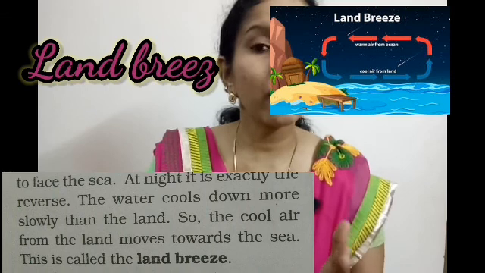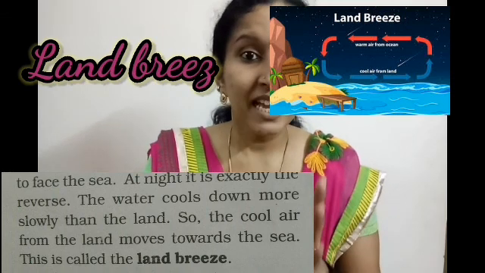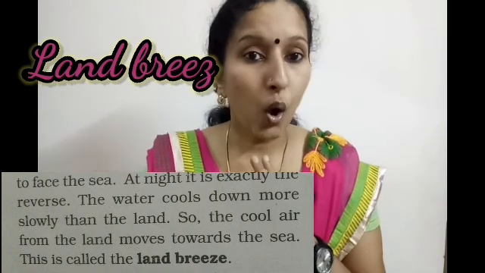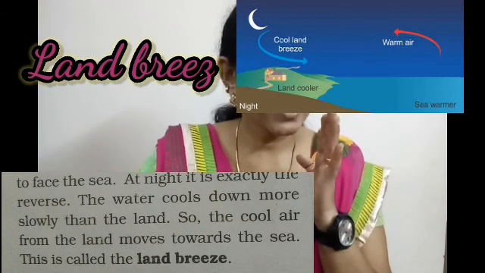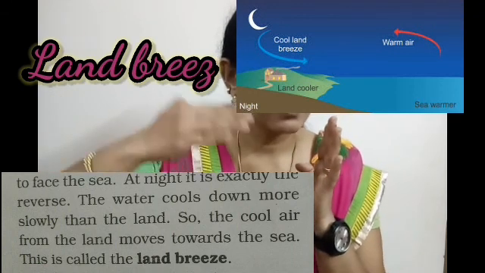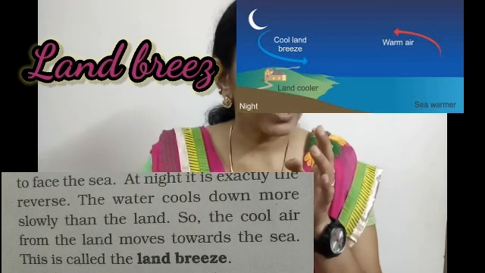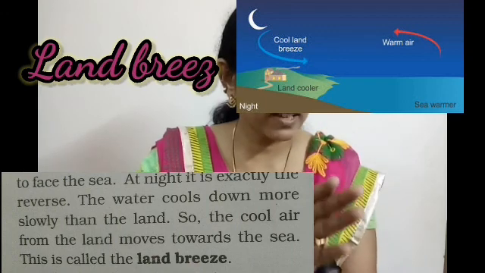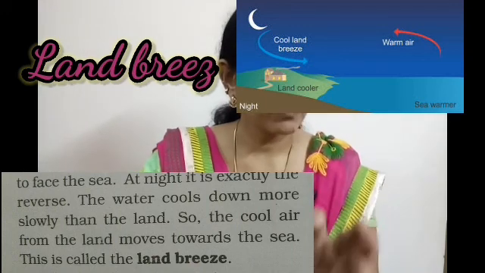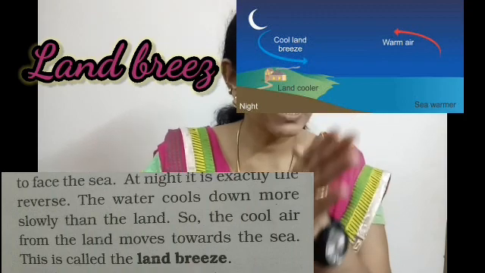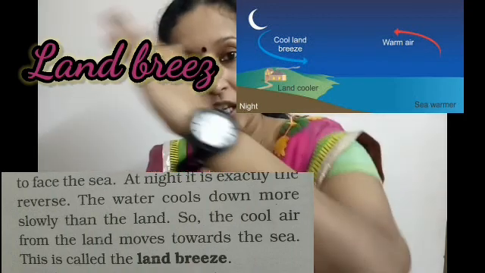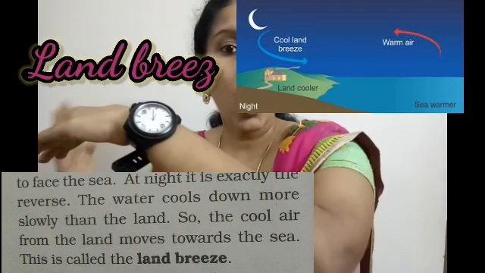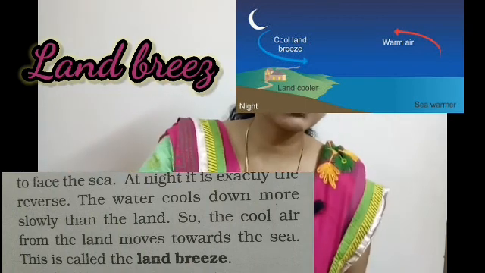Now during the night time, land is cool and sea is hot. So in the first step, cool air from the land moves towards the sea, and hot air from the sea rushes towards the land.